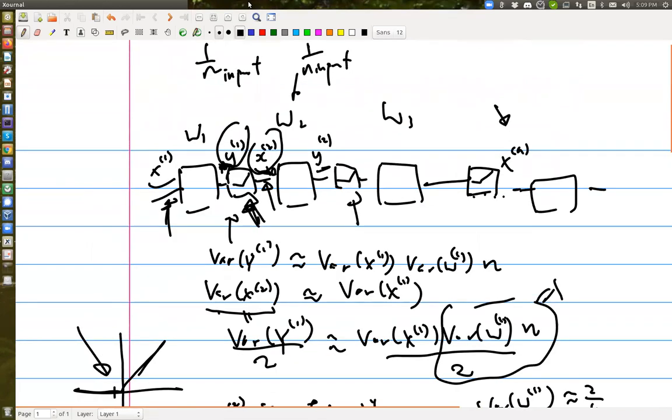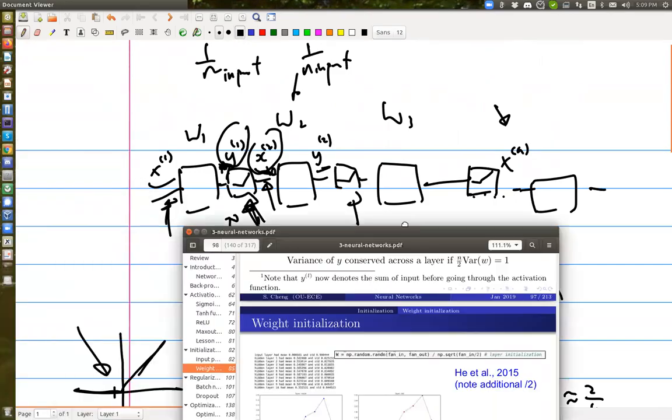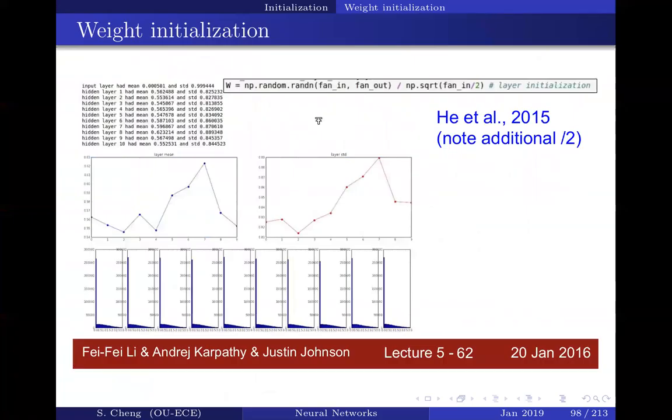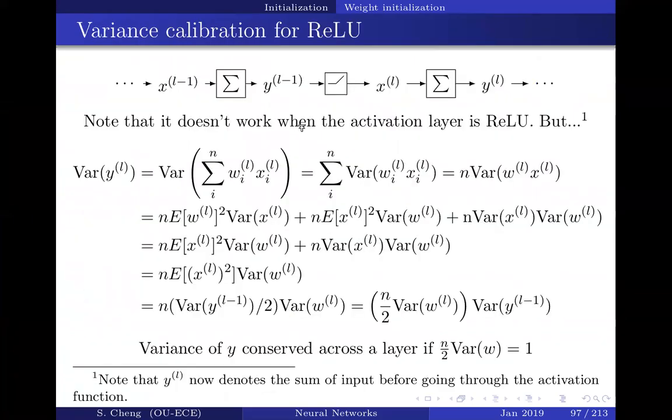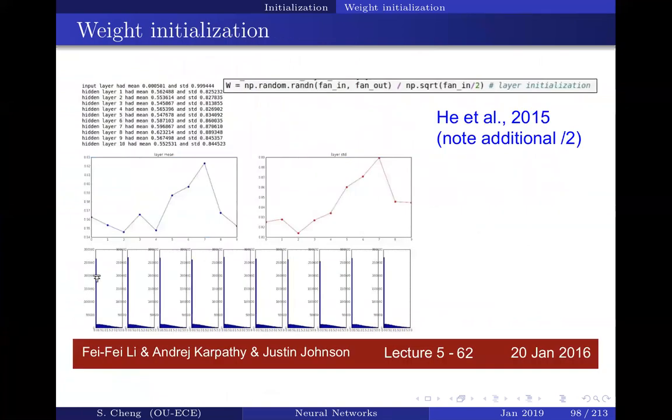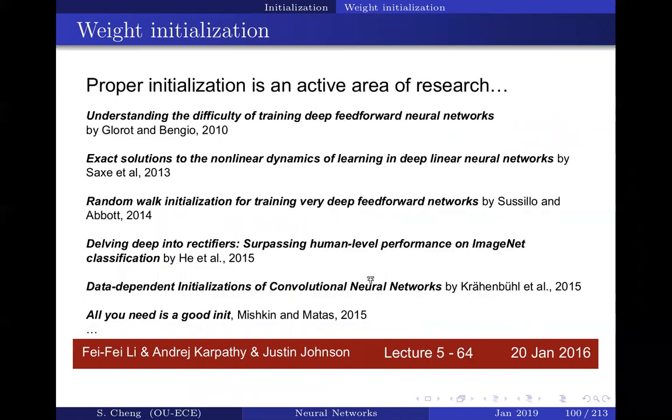Maybe I'll just show here, if you do the appropriate weight initialization, then you go through many layers and you still have the energy not diminished to zero, and it won't overflow to infinity and so on.